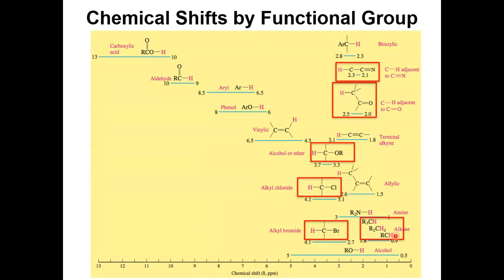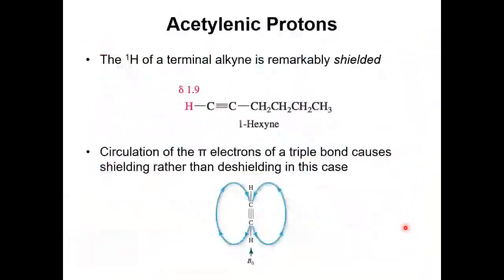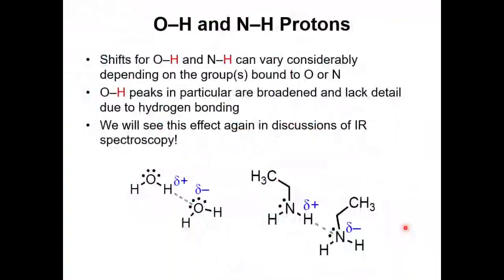And if your CH bond is connected to just a regular alkyl group, it's 1 point something. Based on chemical shift value, you can have a reasonable idea about what kind of protons you might have. OH or NH is usually what's left over, but I will tell you another way to help you identify OH and NH protons when we get there.